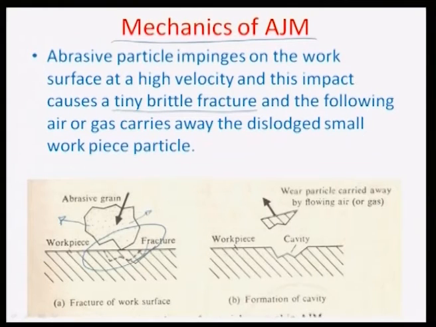That way material removal can take place, because the new area which is formed is really this crater, and it is open to another impingement and subsequently more brittle fracture. So basically it is fracture by fracture which would happen in succession for a cavity to be created within the workpiece. As you can see here, the wear particle is carried away by the flowing air or gas in this particular illustration.